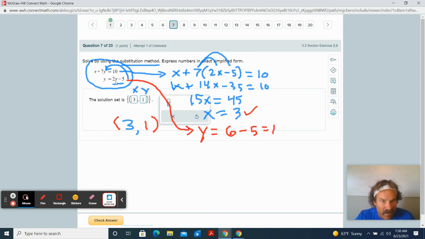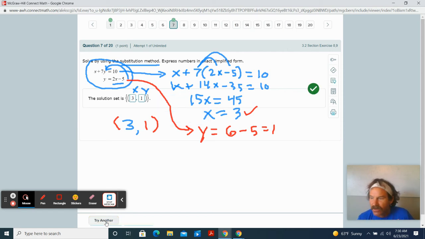They intersect at the point 3, 1. We can go ahead and check our answer, and it'll give us the green check mark. Substitution method is problems 7 through 14. Those are all substitution method problems.